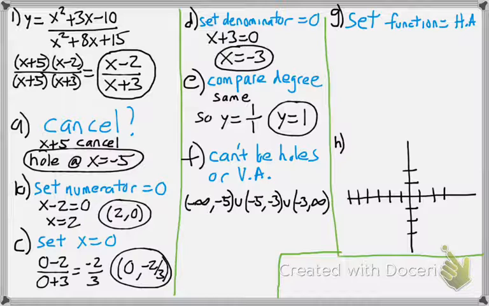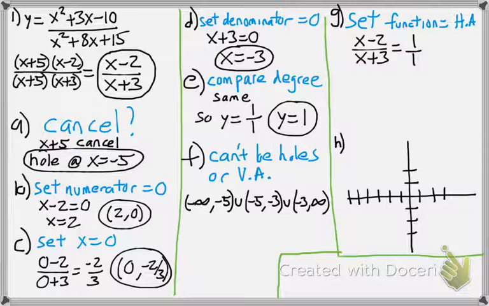So to figure out if it does, we need to set the function equal to the horizontal asymptote. So if I set x minus 2 over x plus 3 equal to the horizontal asymptote, which is 1, and I'm going to express that as 1 over 1 because I am going to solve this like a proportion.